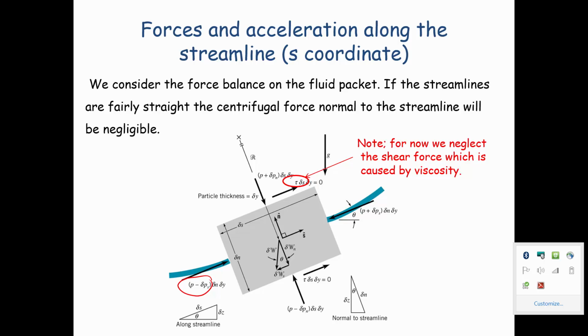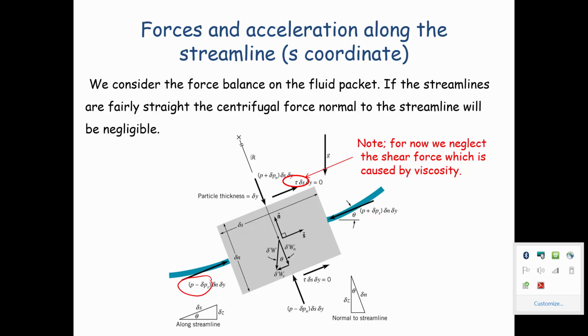The other force that we're looking at here, again only the forces in the S coordinate direction, would be the component of the weight that is acting along the coordinate of the streamline, and that force is delta WS. So we take the force delta W, and we're looking only at the component that's in the S direction, which is delta WS.